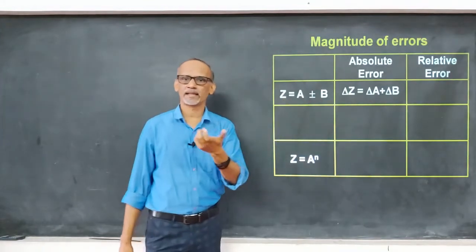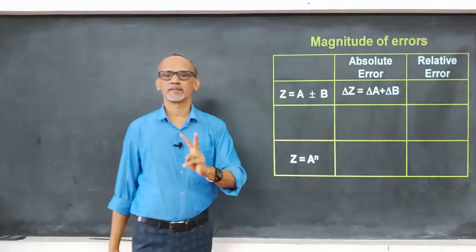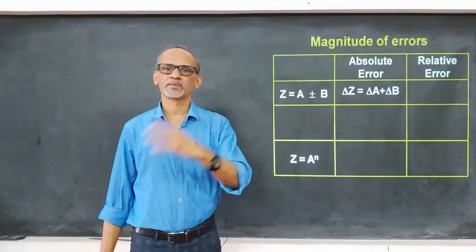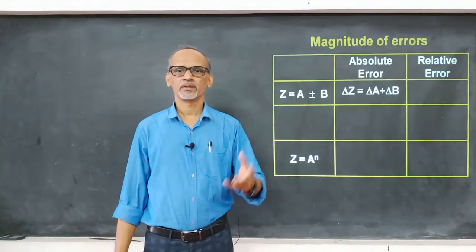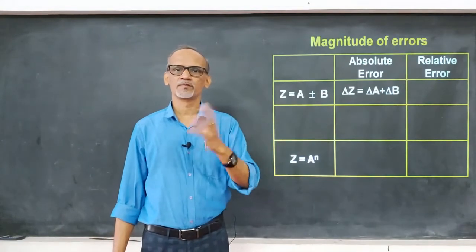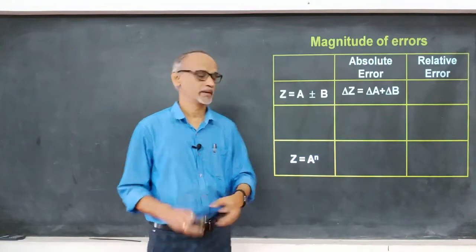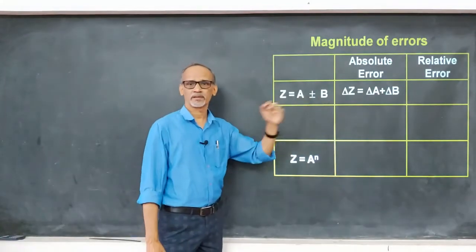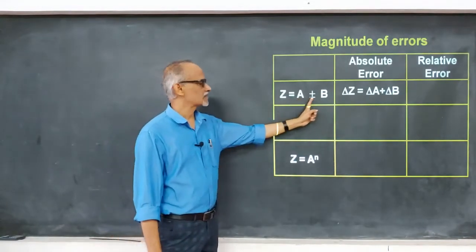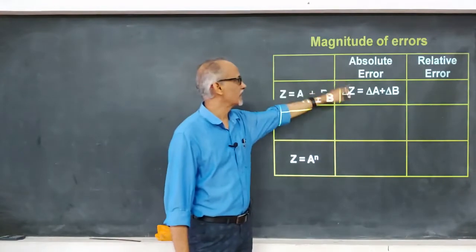So, Z is the value which we obtain after adding two quantities, and when you add two quantities, they have to be identical. You cannot add mass with time, you cannot add force with velocity. You can add two velocities, two forces, two masses, two times; it has to be identical. Okay, so that is most important when it comes to physics. So, while adding or subtracting, what is the absolute error?